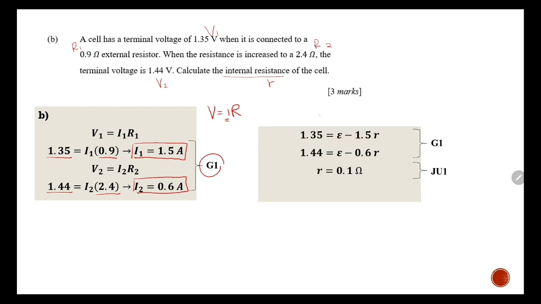We use V is equal to EMF minus IR. Current for each voltage is different according to the value of resistance. For the first situation, when V is 1.35, the current is 1.5. When V is 1.44, the current is 0.6.